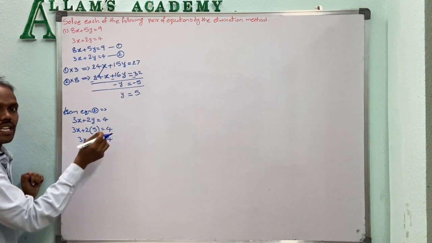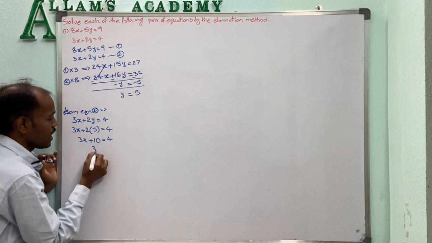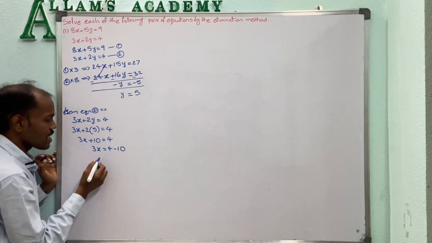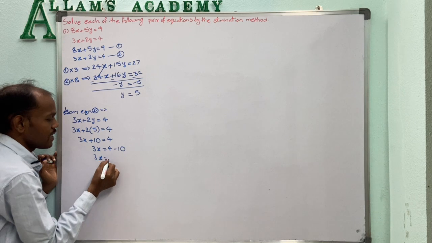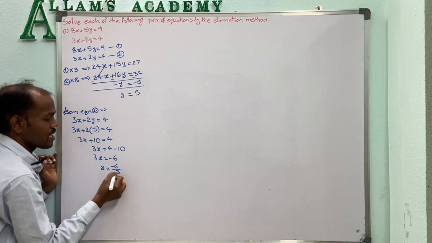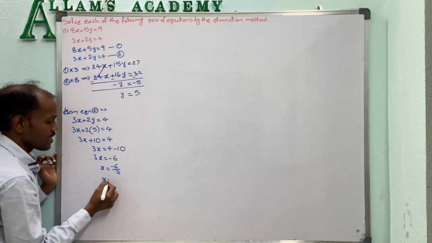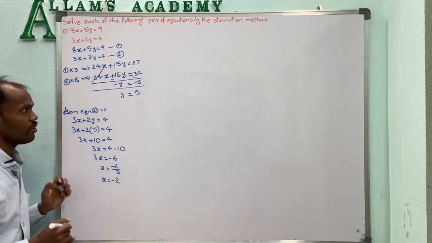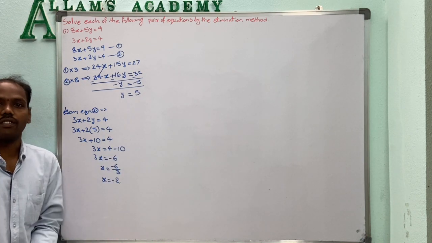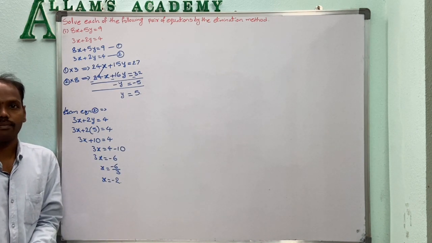Now plus 10 transfers to that side, that is minus 10. 4 minus 10 equal to minus 6. Now x equal to minus 6 by 3. Minus 6 by 3 is nothing but minus 2. So here we get the x value as minus 2 and the y value as plus 5.